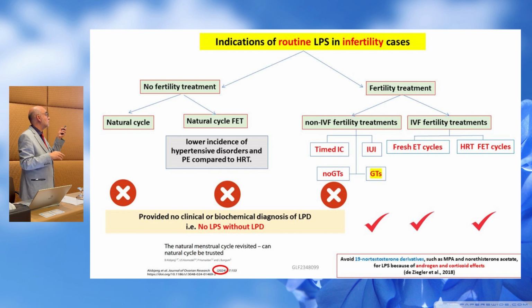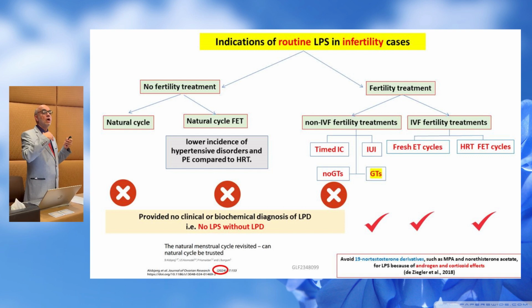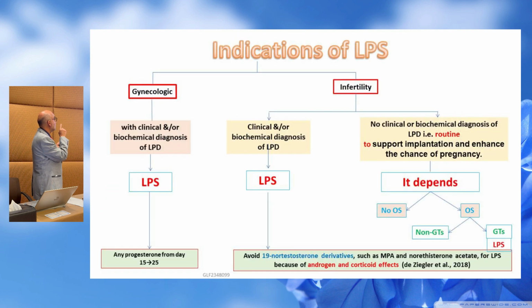But if they are without evidence of luteal phase deficiency or defect, I don't have to give them progesterone as an overuse of progesterone or luteal phase support, but I have to select the patients who are using gonadotrophins or IVF or frozen embryo transfer. So the gynecologic patients with clinical evidence or biochemical evidence of luteal phase defect, give them luteal phase support, any progesterone. Infertility with clinical evidence of luteal phase defect, give them luteal phase support.